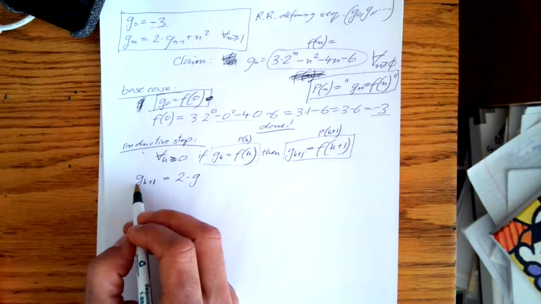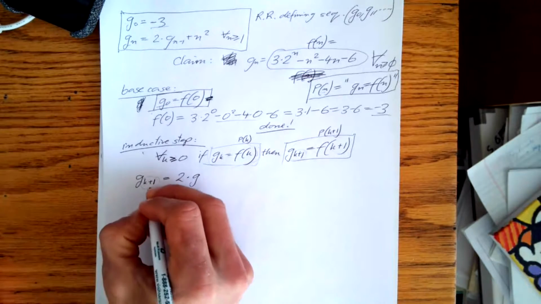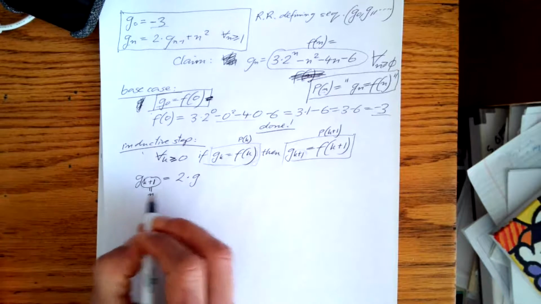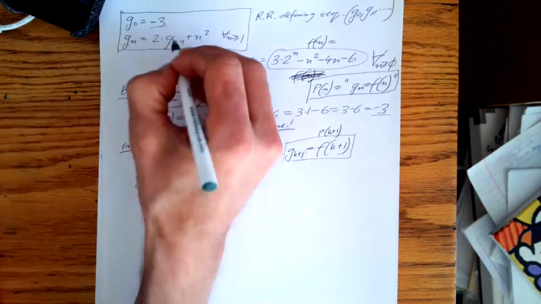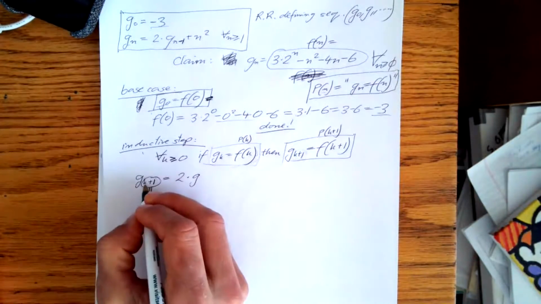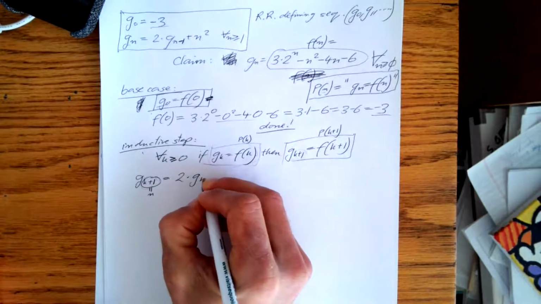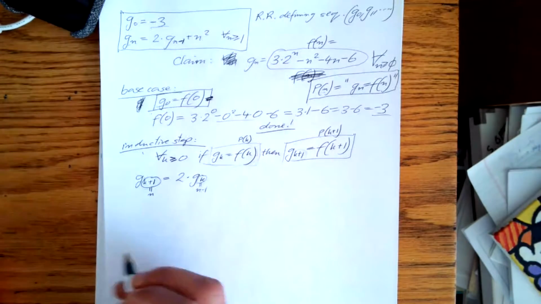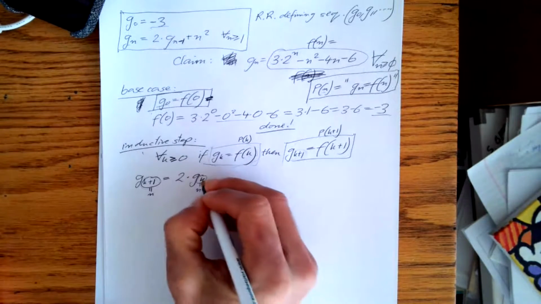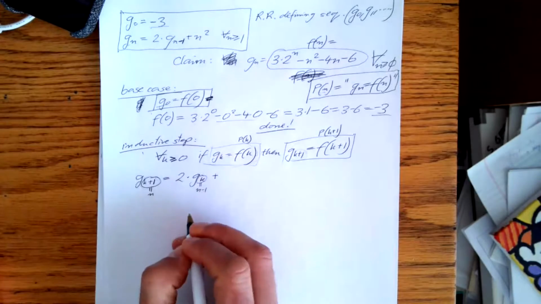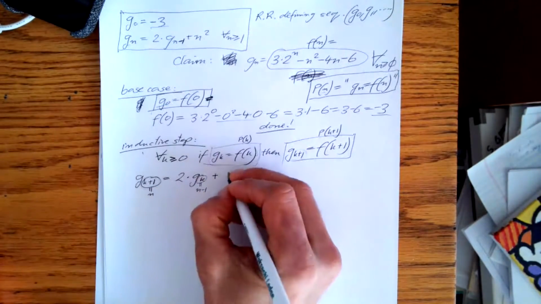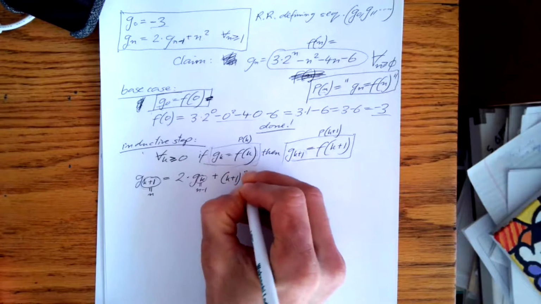So G at index k plus 1 is equal to 2 times G of n minus 1, and n minus 1 is k. So 2 times G of k, plus, since n was k plus 1, it's k plus 1 squared.